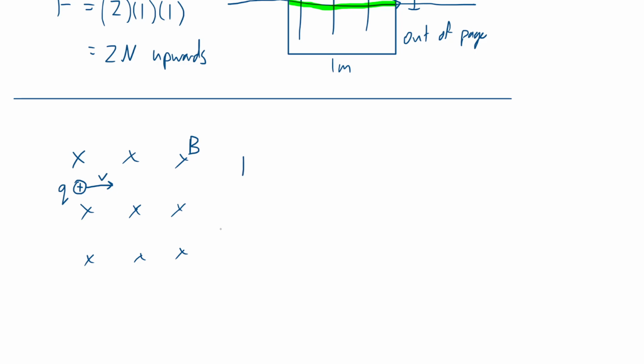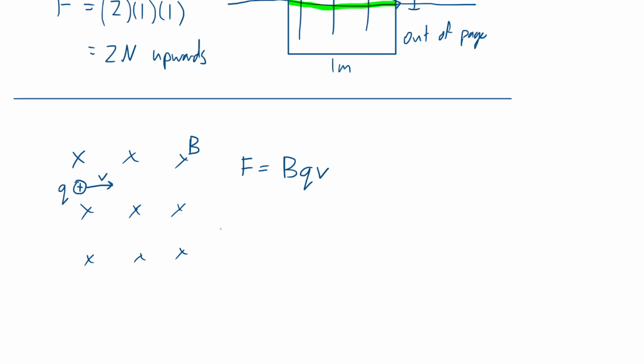This positive charge will experience a force equal to the product of the field strength, the charge, and its velocity. Right? So if we increase any of those three things, it will experience a greater force.